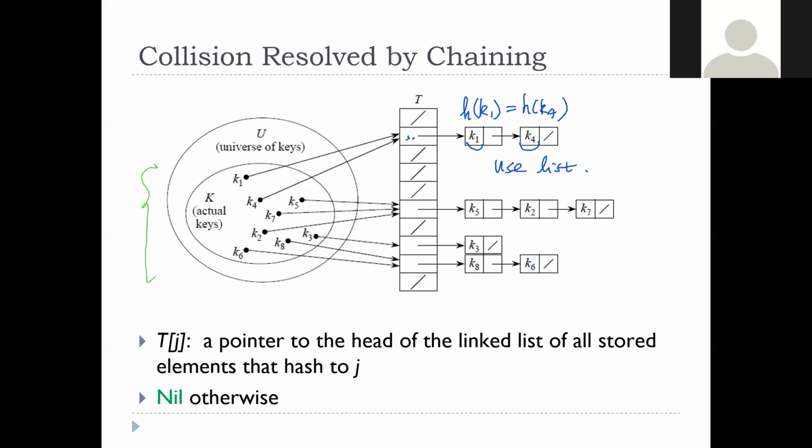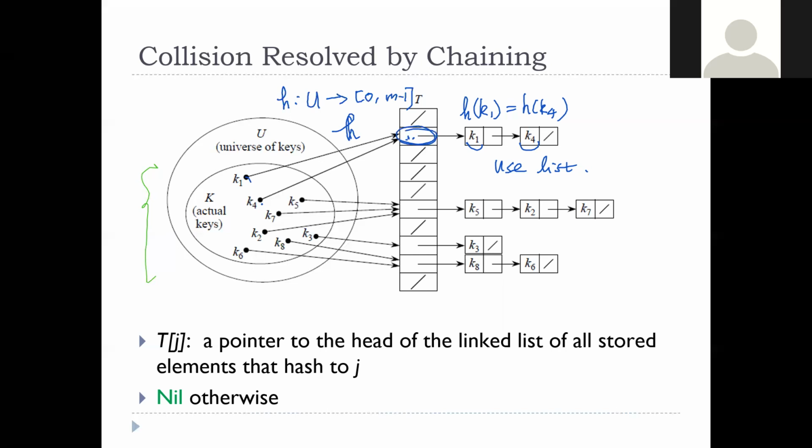Here is an example where your whole universe is pretty large, but the actual keys that you are interested in, K1 to K8, are only a subset of them. In order to store them, you perform the hashing to hash each of the keys to indices in this hash table, and then you store that key in the slot corresponding to its hash value.